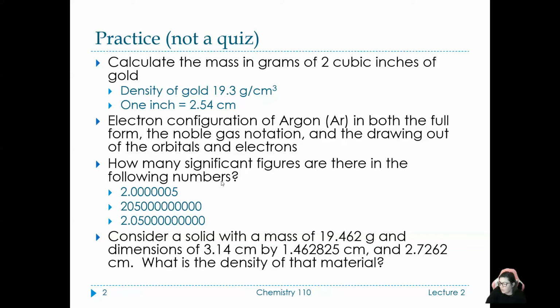Reading from the periodic table, I know that I'm going to fill 1s2, 2s2, 2p6. So 1s2 takes me through hydrogen and helium. 2s2 takes me through lithium and beryllium. 2p6 is boron, carbon, nitrogen, oxygen, fluorine, and neon.